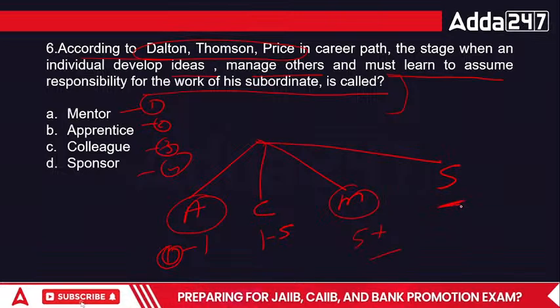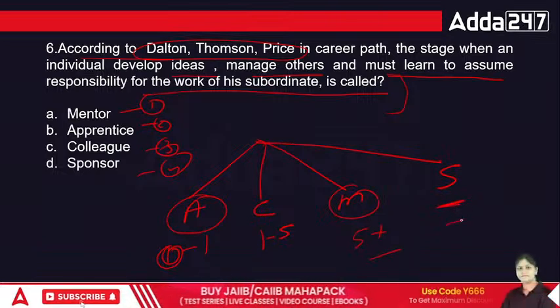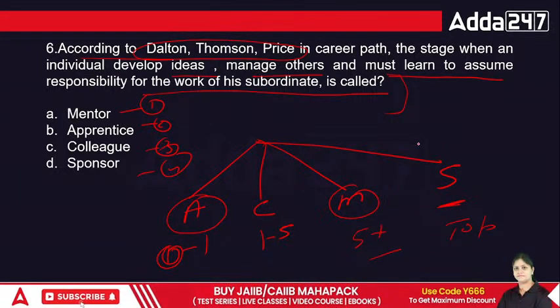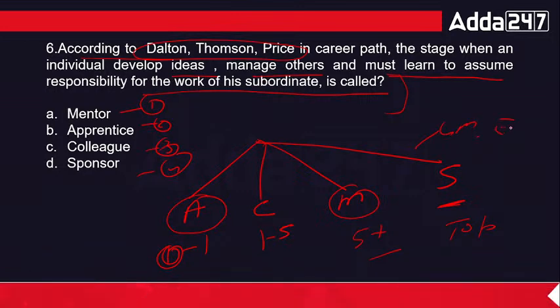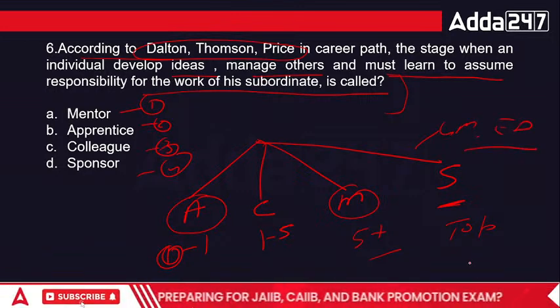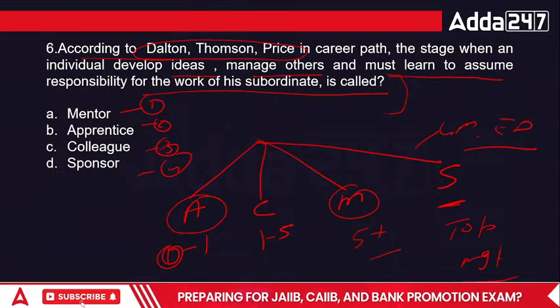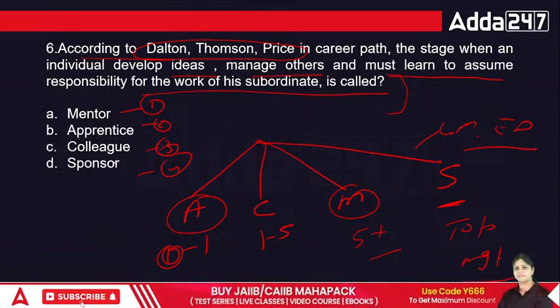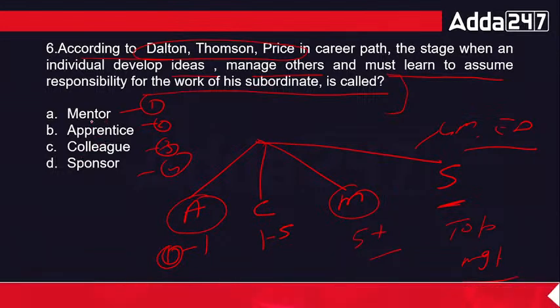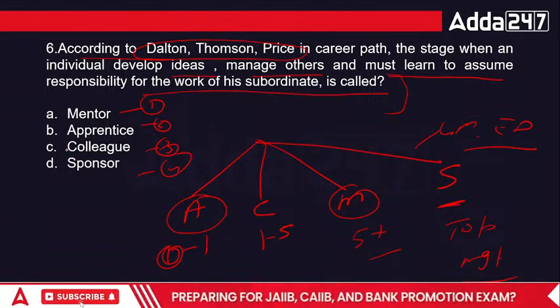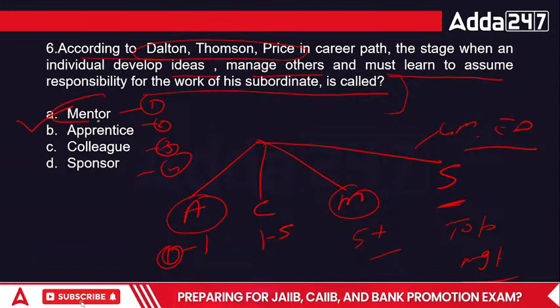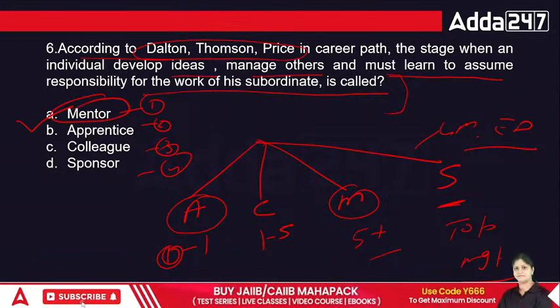A sponsor is now you are part of the top management. In a bank they are like GM or ED. So here, to develop ideas and manage others, the right answer is mentor. We are talking about the mentor role here.